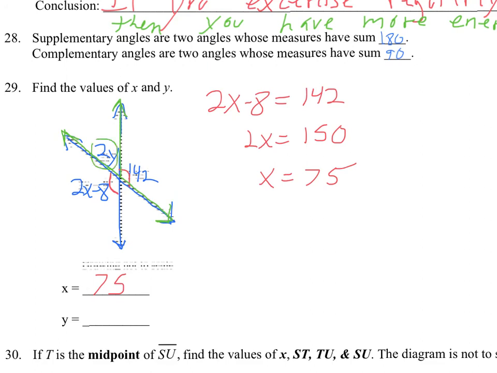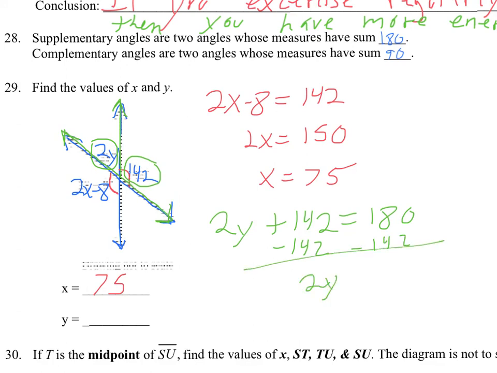So 2y plus 142 is equal to 180 degrees. Subtract 142 from both sides because I'm going to now solve for y. 2y equals 38. Divide both sides by 2, and we get 19. So y is equal to 19.